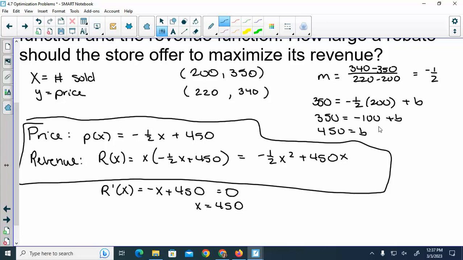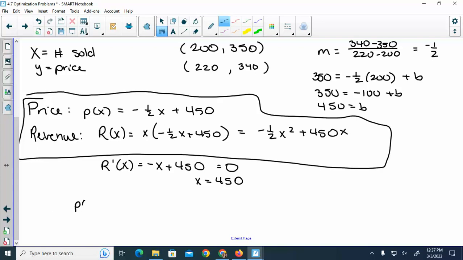So selling 450, I'm going to plug that into my price equation. So we get negative 225 plus 450, so 225.